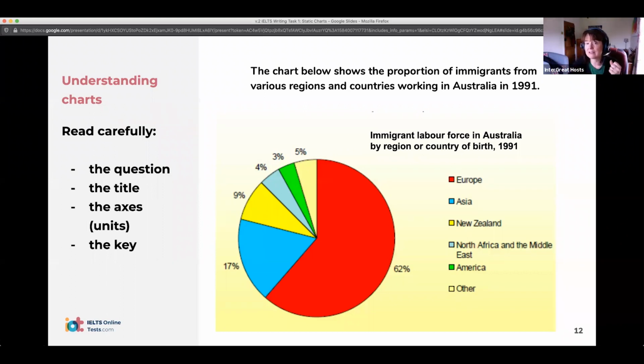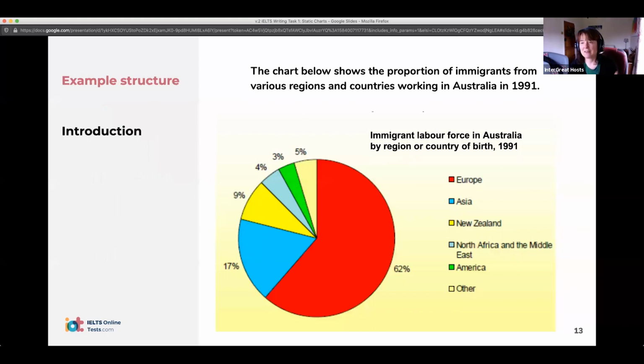Underline some of these keywords. So again, this is immigration into Australia, it's workers, etc. In this case, it's the percentages, Adnan, and the years. It's not axes like that, but it's the same thing.